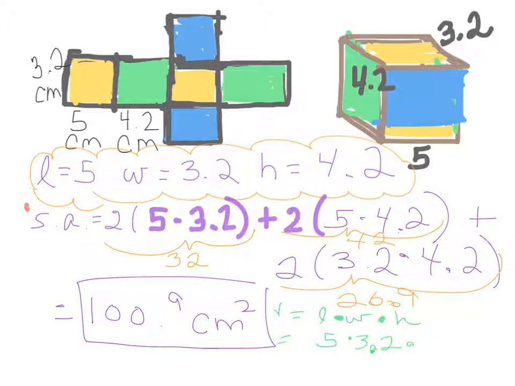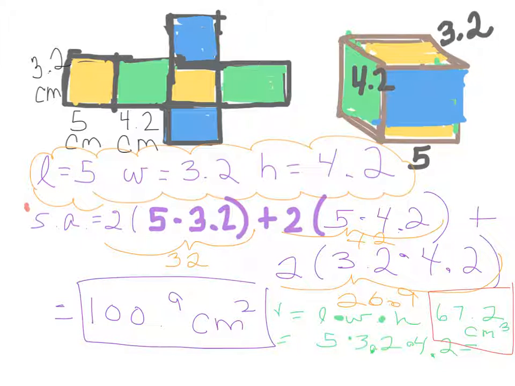So I'm going to multiply times 4.2. Now when I multiply that all together, I ran out of space, but I did get 67.2 cubic centimeters. It's important that your unit of measurement has the exponent of 3.